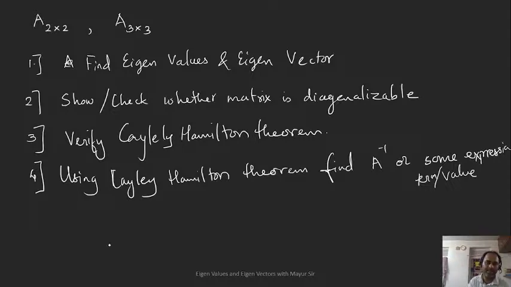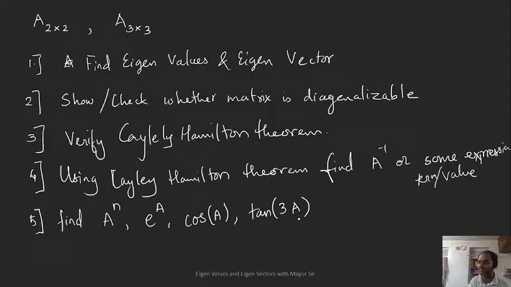The next thing is that, as a fifth one, they can ask you to find A raised to n or some powers, or some function like e raised to A or cos A, tan A, or tan 3A. Some power or some function they can ask.